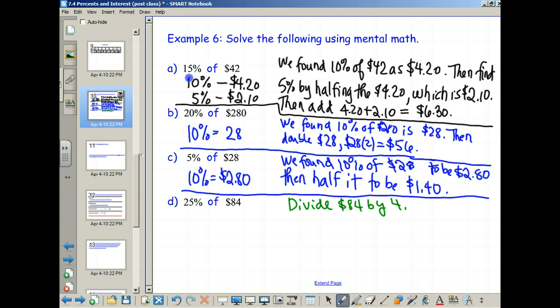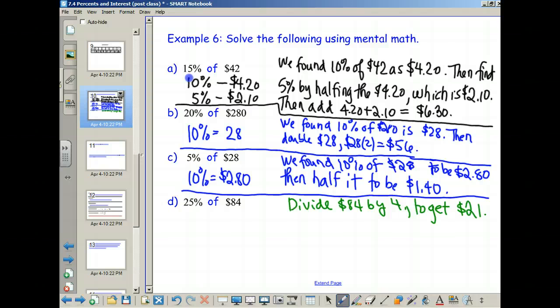And what is 84 divided by 4? What was it? 20 something, 21, yeah. So you get 21.